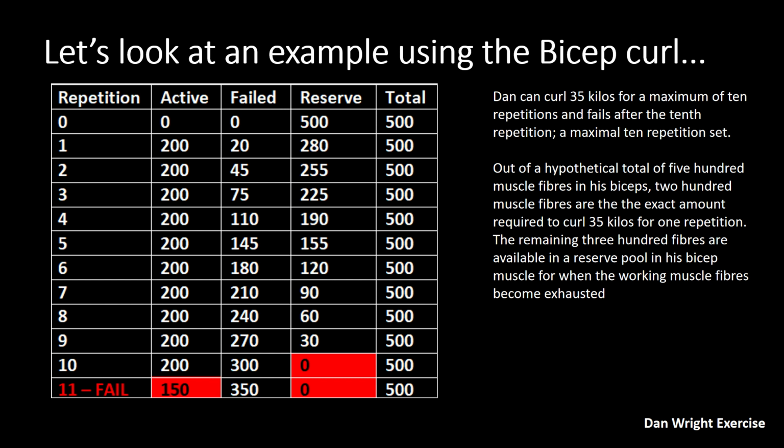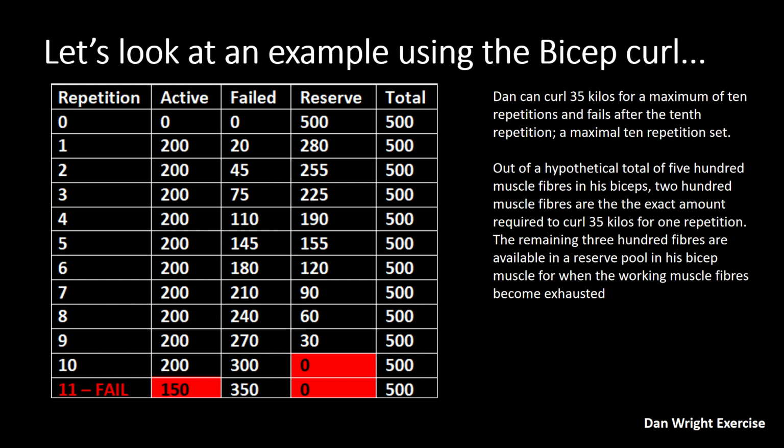Now, the magic number is number 10, because here we have exactly 200 active and nothing else in reserve. 300 have failed, so the reserve is empty. So this is a very, very difficult rep for us to do. We're becoming very tired. And finally, 50 more fail, and we hit that critical threshold, the failure zone.